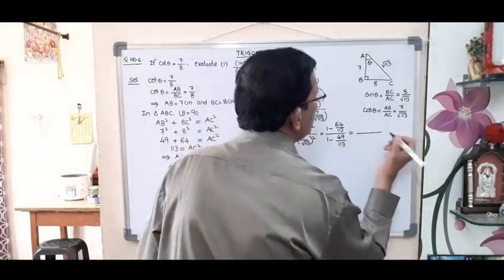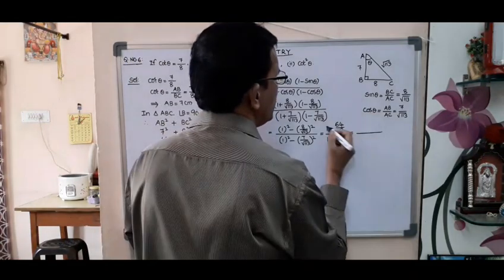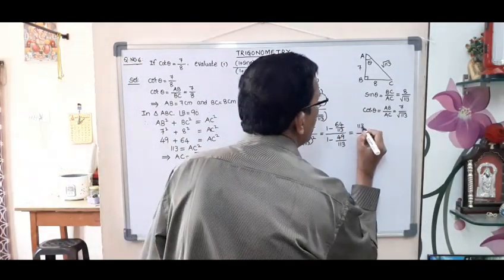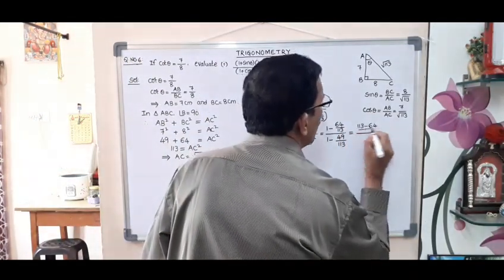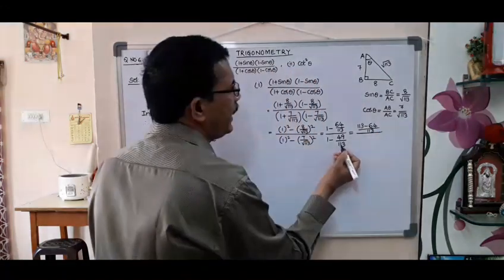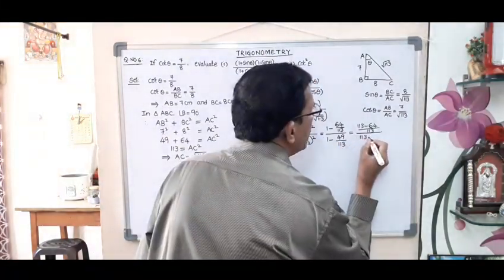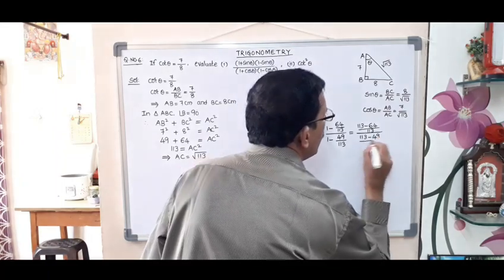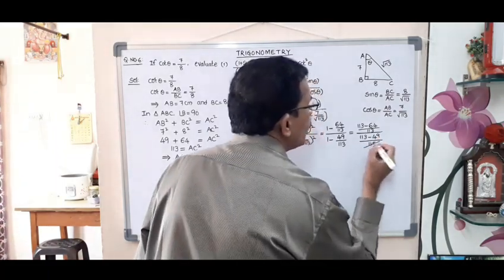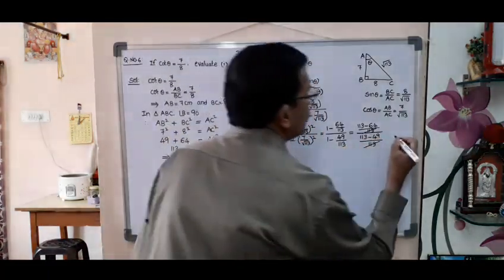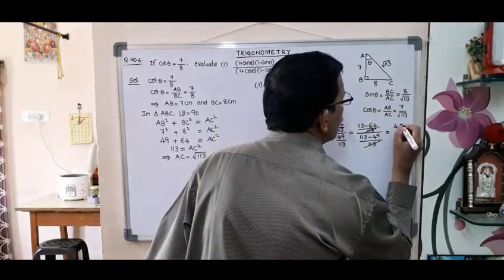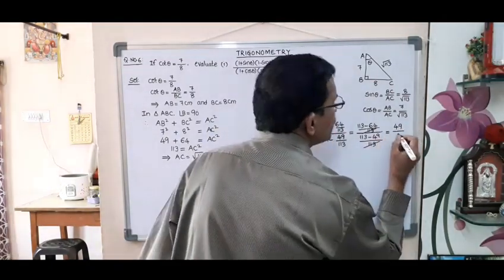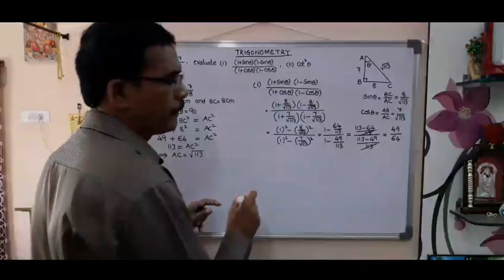Taking LCM and simplifying: numerator (113 minus 64) by 113, denominator (113 minus 49) by 113. We can cancel the 113s. So 113 minus 64 is 49, and 113 minus 49 is 64.